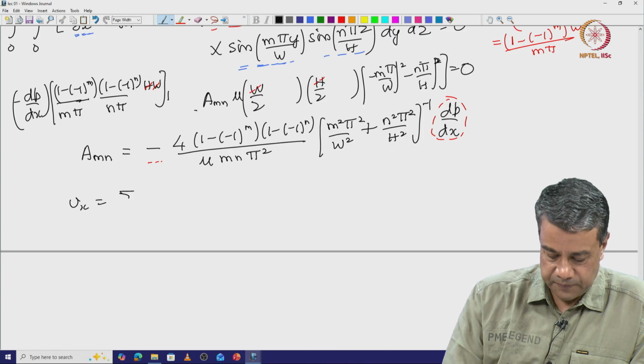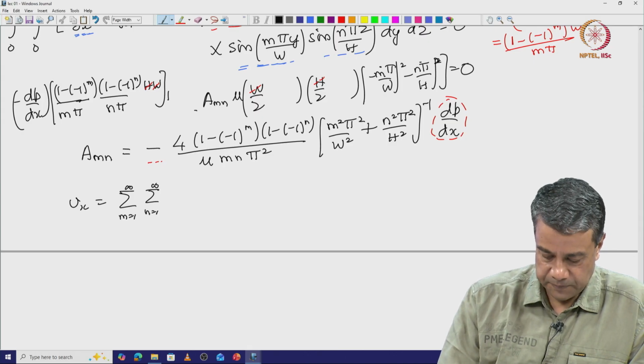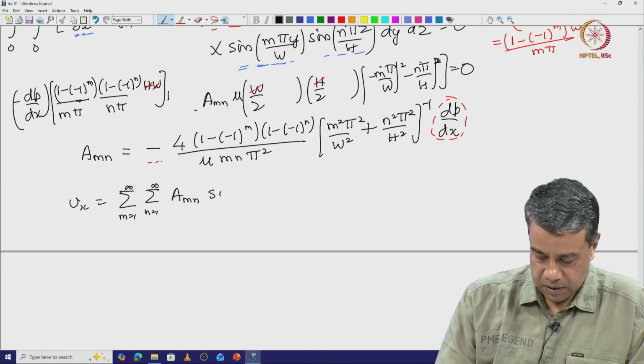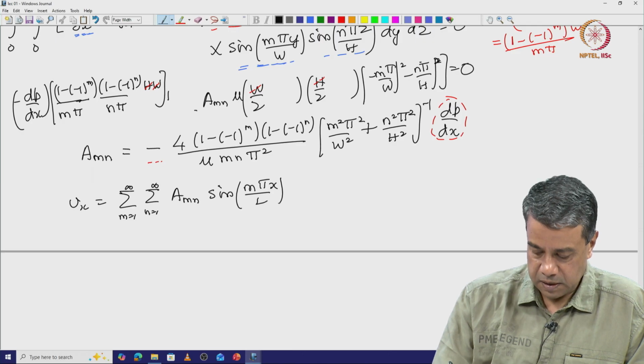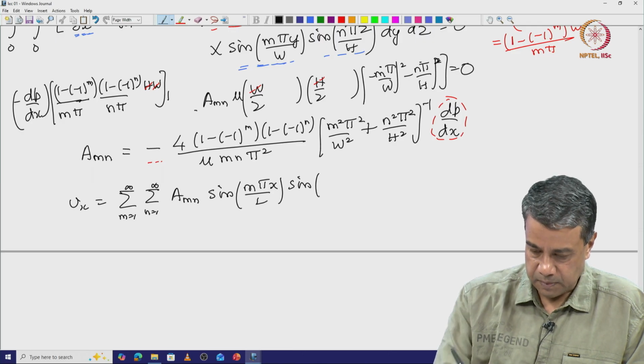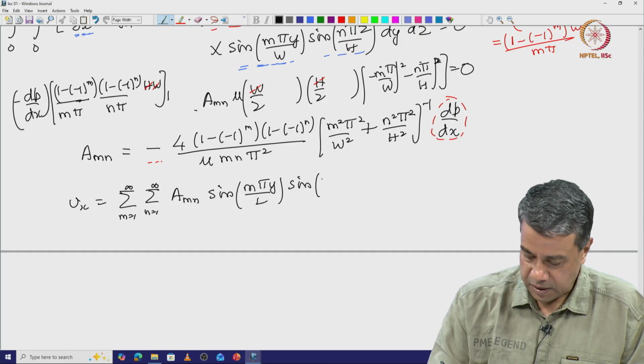Vx is equal to sum m is equal to 1 to infinity, sum n is equal to 1 to infinity, of A m n into sine m pi x by L, sine n pi z by h.